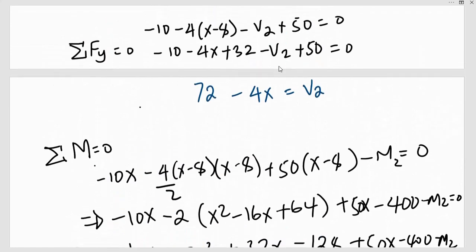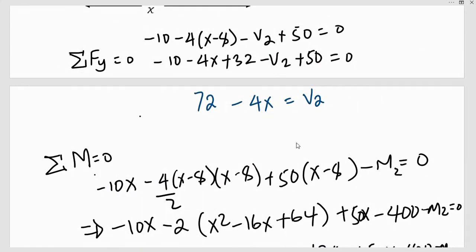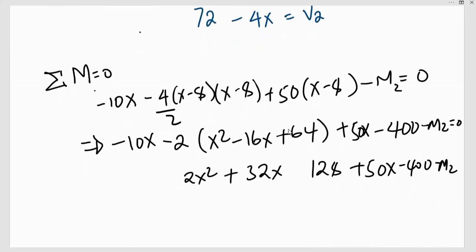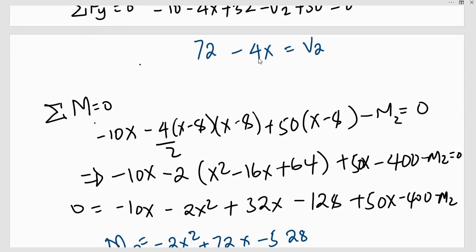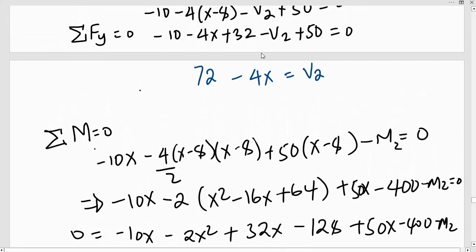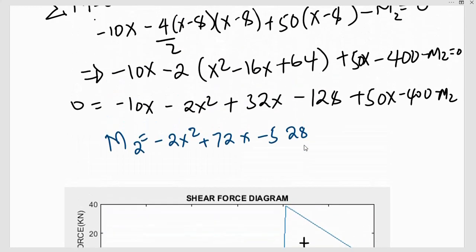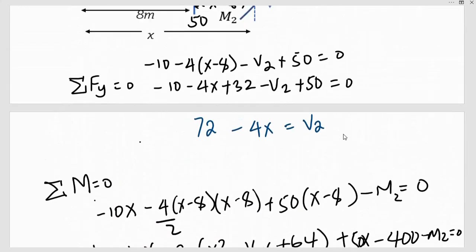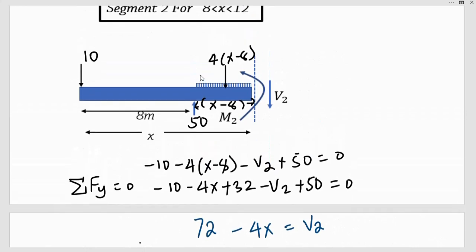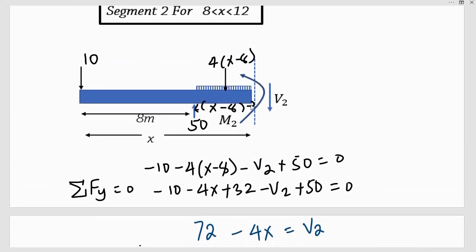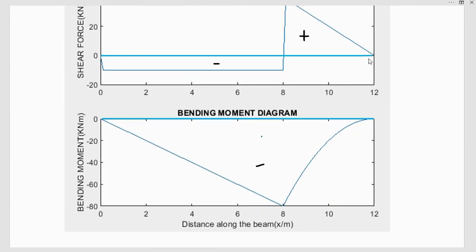Then I again use the same equation at x is equal to 12. When I substitute in my values, it should come back to 0. Okay, because if I put in my values here, usually this curve must come back to this point 0.